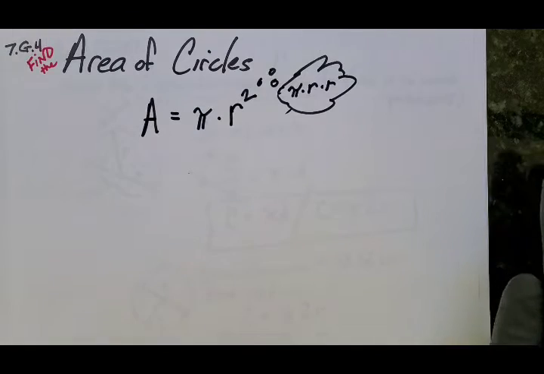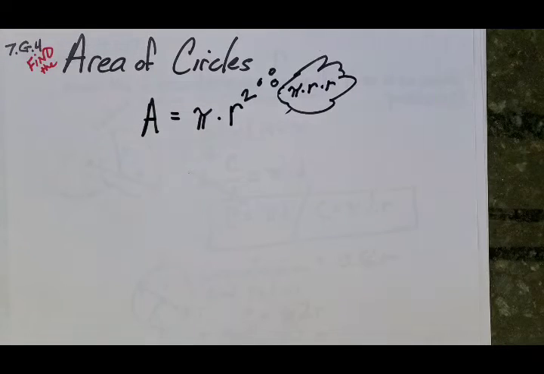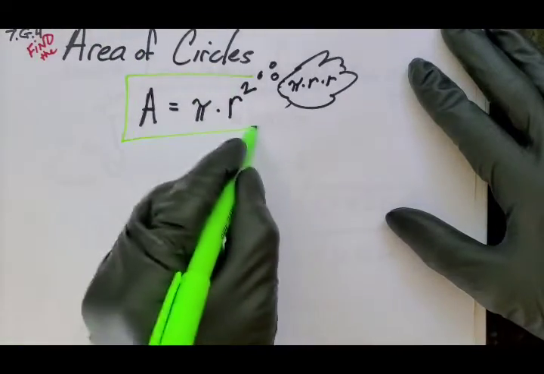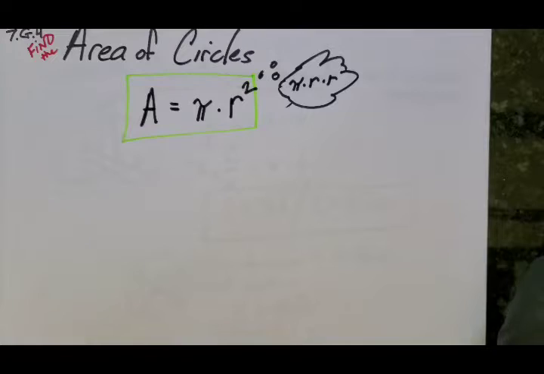Okay, so the formula, the area of a circle, is always pi times the radius squared. So we're just going to use that to calculate area of any circle.